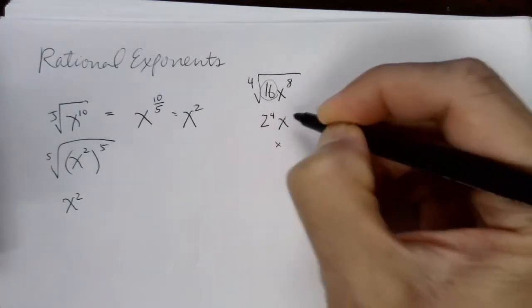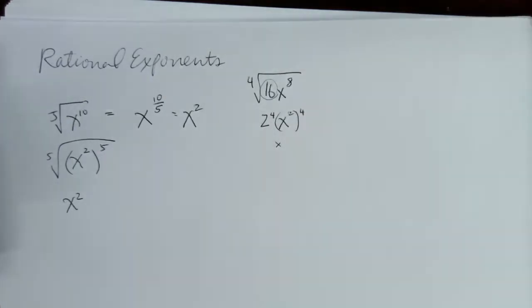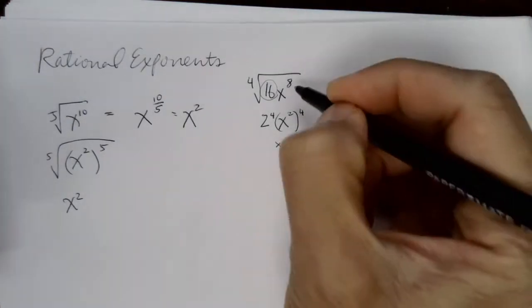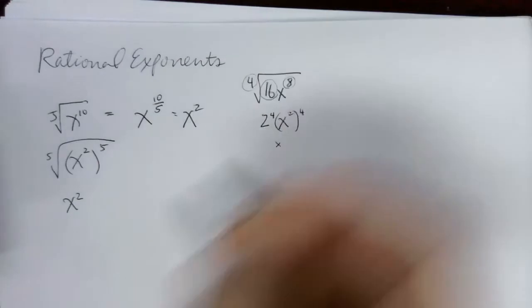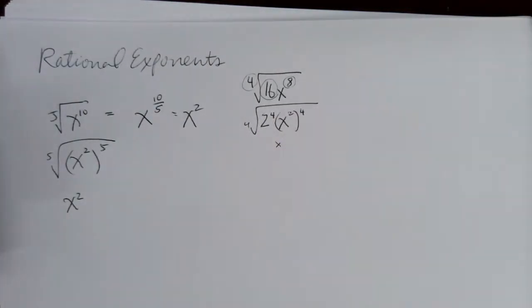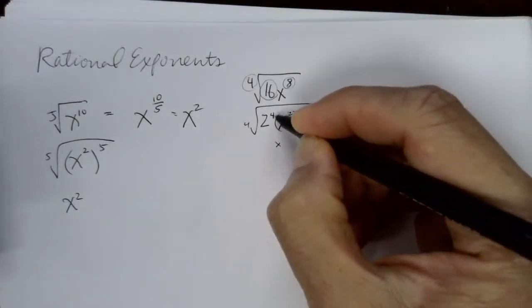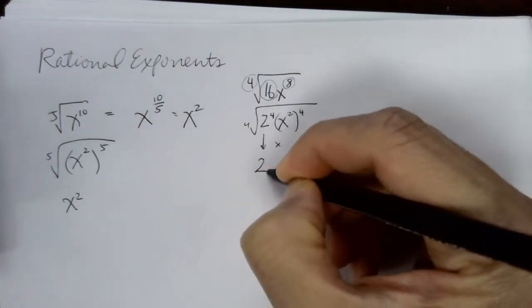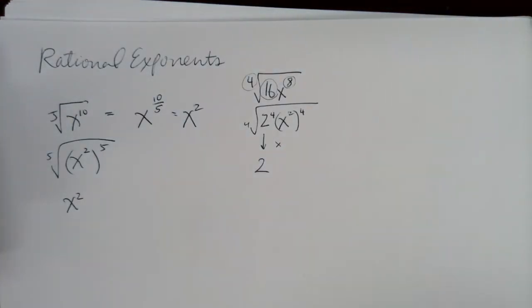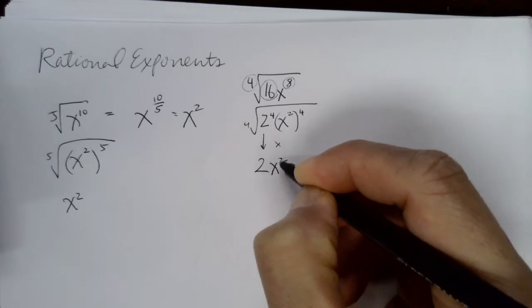And then this is x squared, also to the 4th. You can always take 8 and divide by 4. So now I've got the fourth root of two things that are to the 4th power. So this part is going to be 2, the fourth root of 2 to the 4th, and the fourth root of x squared to the 4th is simply x squared.